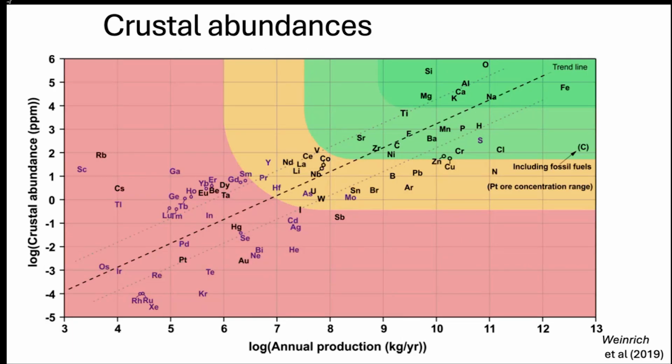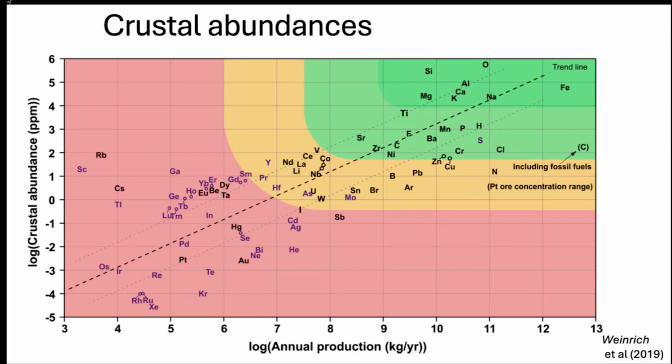This is a plot which shows the log of the annual production in kilograms per year on the x-axis and the log crustal abundance in ppm on the y-axis. In pink are the rare, in yellow are the scarce, as we would call them in this book, and in green are the more abundant ones that Bob just talked about.